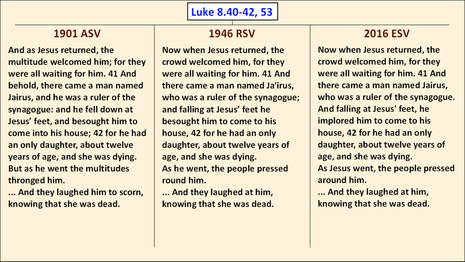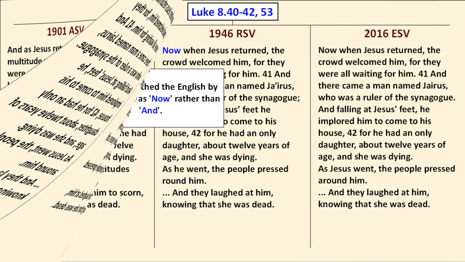The text is displayed in three translations: the 1901 American Standard Version, the 1946 Revised Standard Version, and the 2016 ESV. I chose the 1946 RSV as the intermediate point because more changes were introduced between 1901 and 1946 than afterwards.